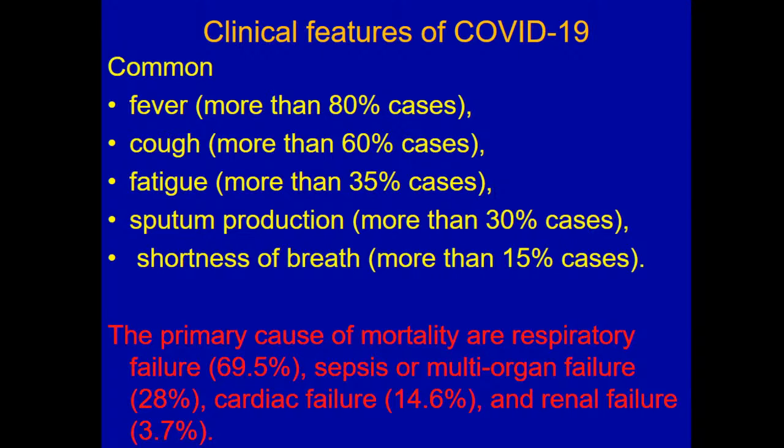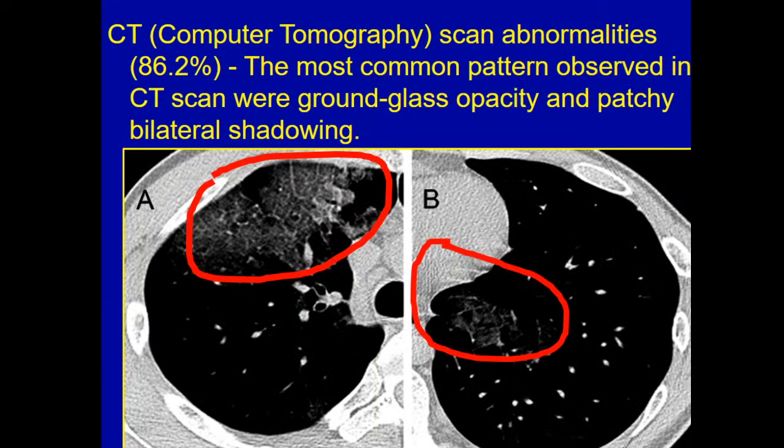A bit less than 30% is sepsis or multi-organ failure. Around 14.5% is due to cardiovascular system failure, and around 4% is because of renal failure. Not so rare, but it also takes place.